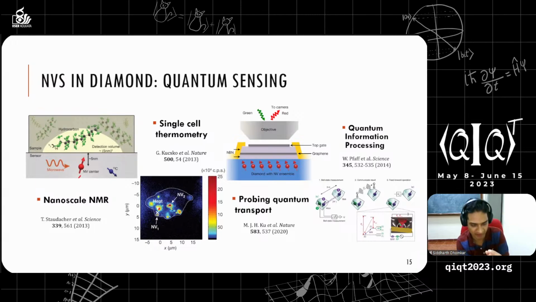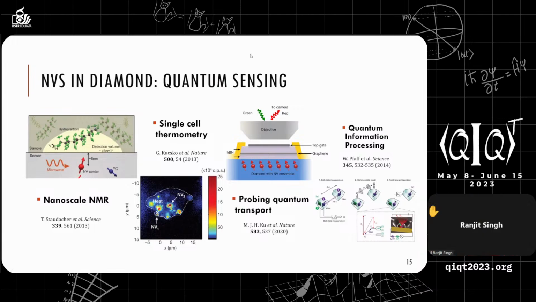It will have some effect, and then we can measure that effect and get some information. And that's why I'm calling this a sensor. It's a sensor to sense electric field, magnetic field, and so on. Is that clear? Yes, thank you.